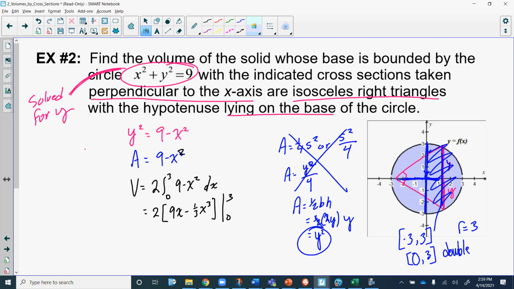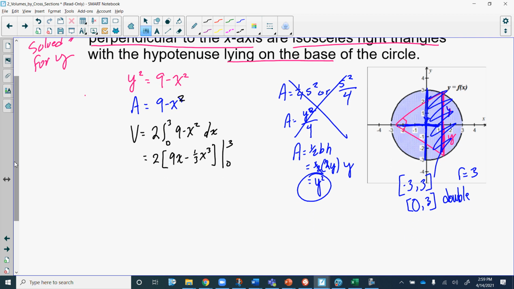And again, the reason why I want to have 0 is, you notice when we substitute 0 in both of those x's, they're just going to create 0. So we have here 2 times 9 times 3 minus 1/3 times, nope, I put that cubed in the wrong spot, didn't I? Yeah, we're not cubing there.